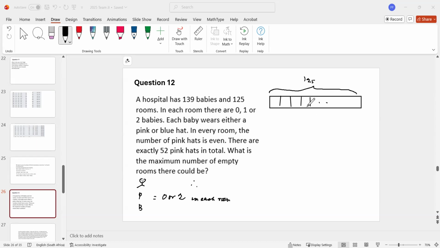You want to put as many babies into a room as possible because you want to have the largest number of empty rooms. So you want the zeros. You want to have as many zeros as possible. And to do that, in other words, you have to put 2 babies in each room.